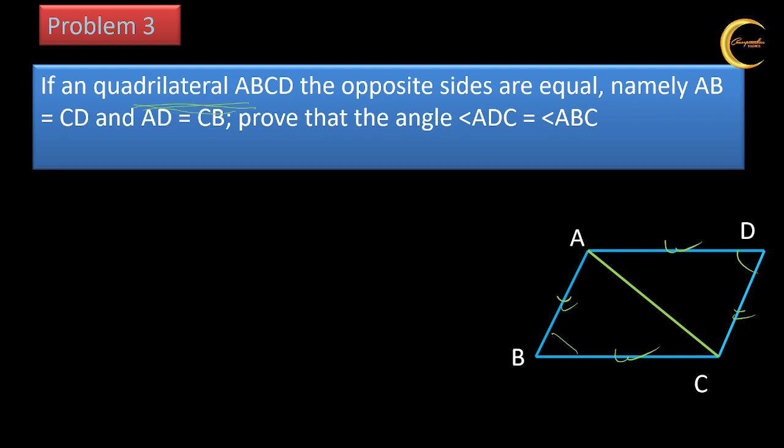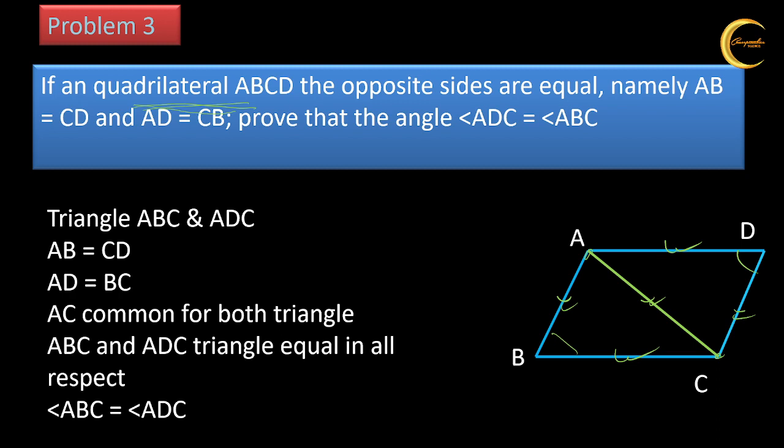I have drawn this diagonal AC; we have just joined these two points A and C. Then this is called the diagonal. This line has formed two triangles: one is triangle ABC and another is triangle ADC.